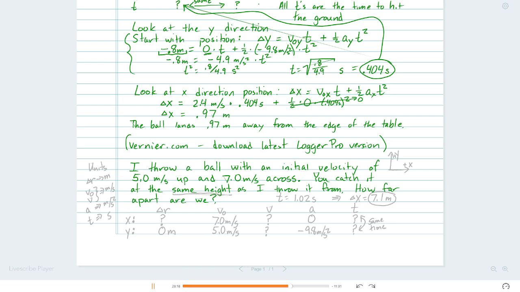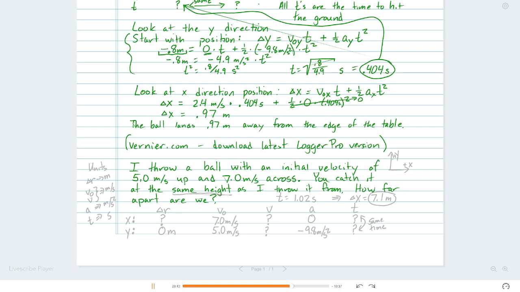We still know the change in height. In the rolling off the table problem, we knew that the height dropped by 0.8 meters. In this case, what do we know about the change in height? It's going to be 0 because we're starting and stopping at the same height.